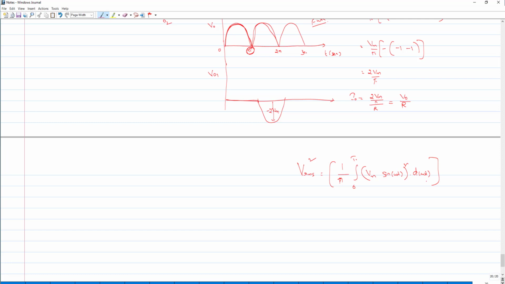Since we have already written this, this will become Vm by root 2. So Vrms will become equal to Vm by root 2. IRMS is equal to Vrms by R.